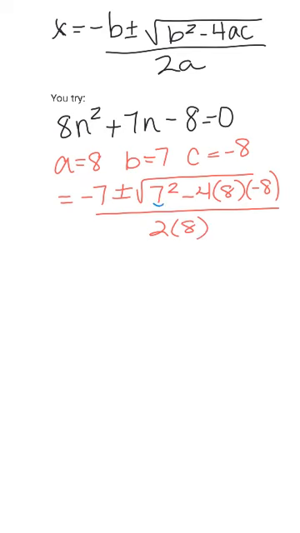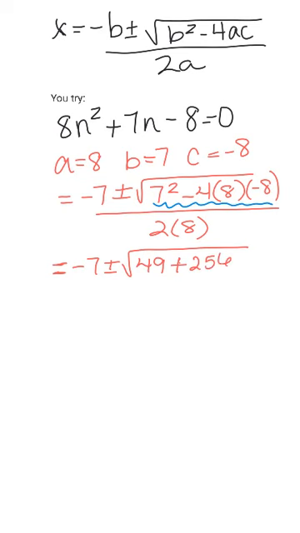Again, I would start by PEMDASing inside this square root or using your calculator, but inside the square root. So I'd have negative 7 plus or minus 7 squared would be 49. Negative 4 times 8 times negative 8 would give me a positive 256.